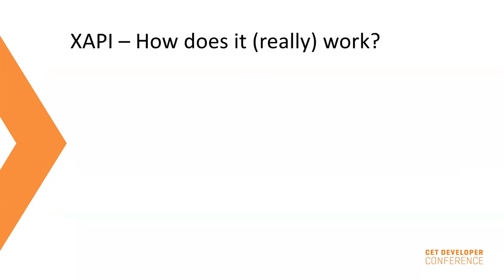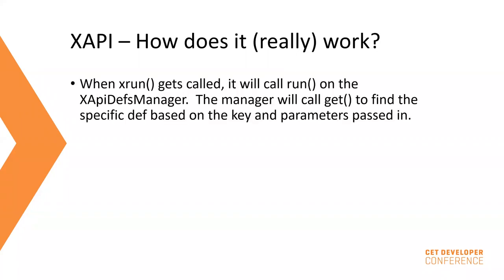Okay, so now I'm gonna get a little bit more in depth on how the XAPI actually works. So first things first, when you call xrun on a prop object, it will call run on the XAPI def manager, passing in the key and parameters of the xrun call. The run method will call get on the XAPI manager to find the appropriate def, and then it will try to call run on that def.